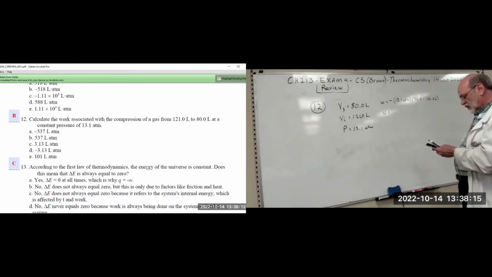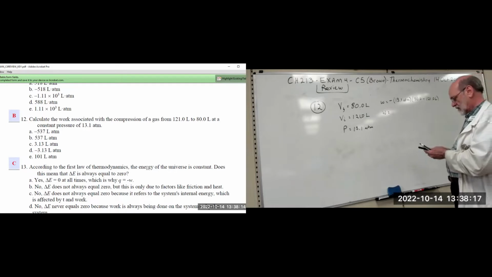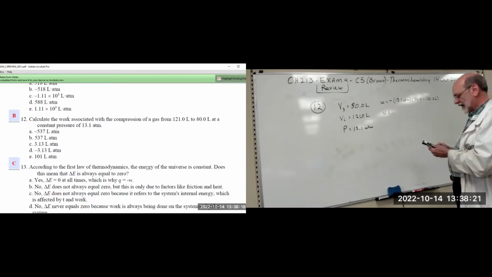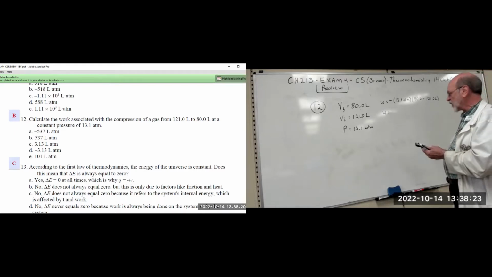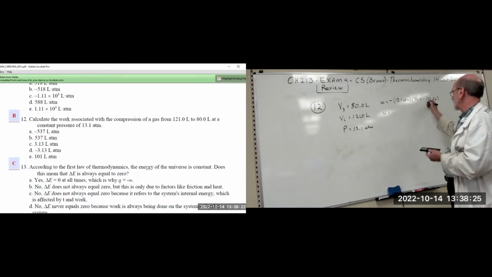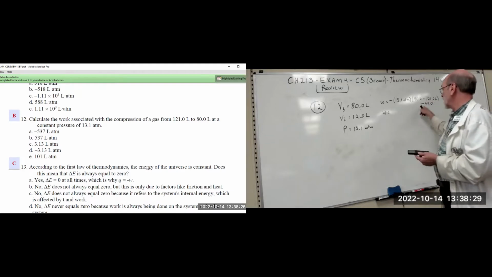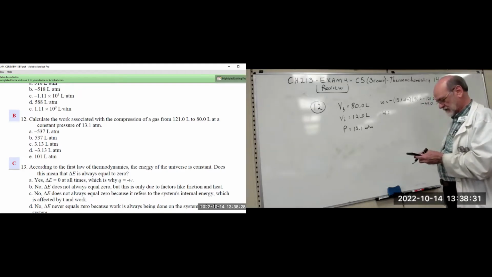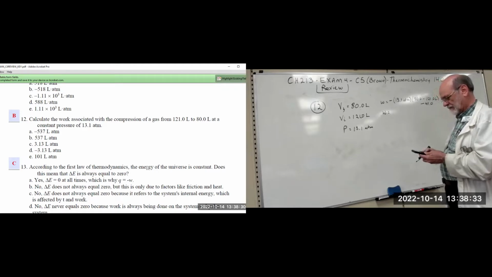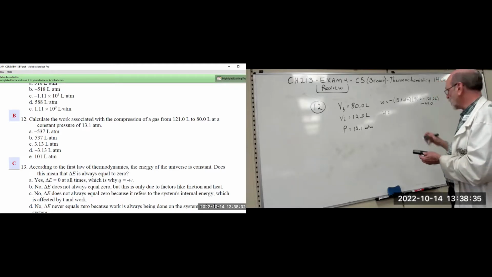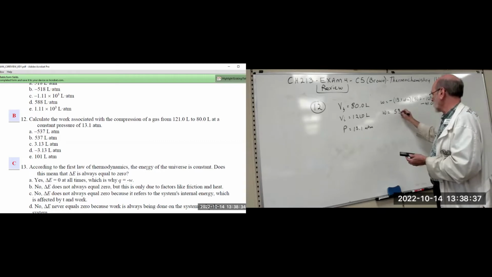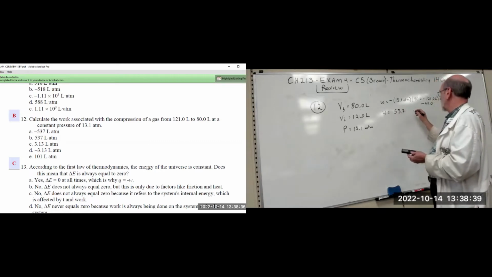So 121 and 80 is a negative 41. This is a negative 41 times 13.1 is 53.7 liter atmospheres.